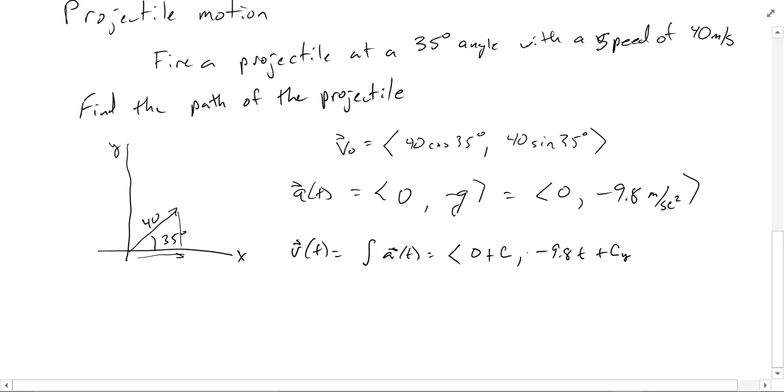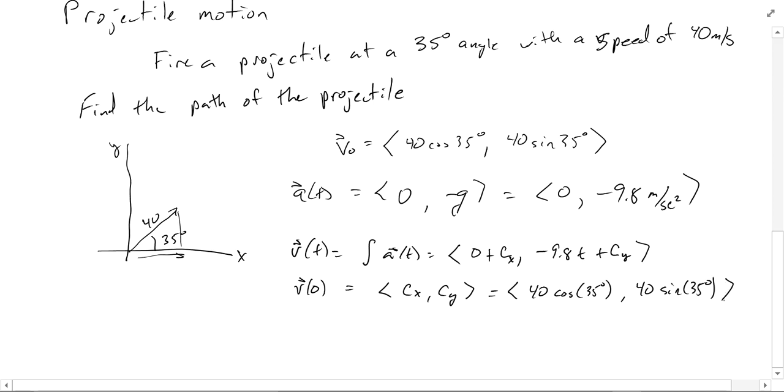Let's make this one c sub x and c sub y. I also know that v of 0, if you plug in 0 for t, you'll just get c sub x, c sub y, and that has to equal my initial velocity of 40 cosine 35 degrees, 40 sine of 35 degrees.